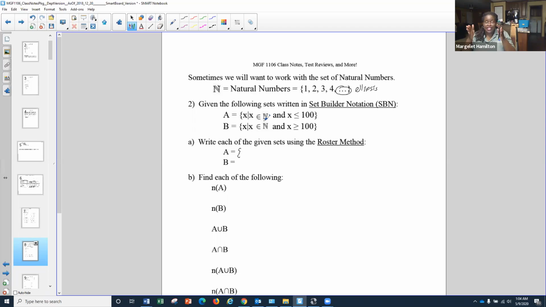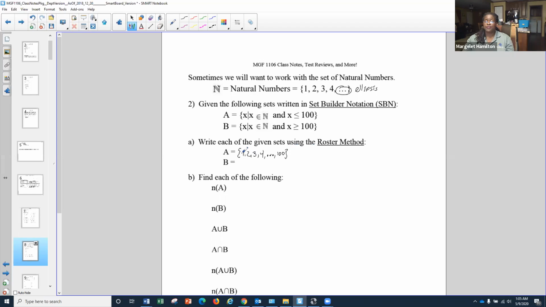So where x is less than or equal to 100, then we know that our set, written in roster form, should start at 1, 2, 3, 4. Okay? Then I'm going to use my ellipsis right here. 1, 2, 3, right? There's my ellipsis, telling me that it goes on in that pattern all the way up to 100.